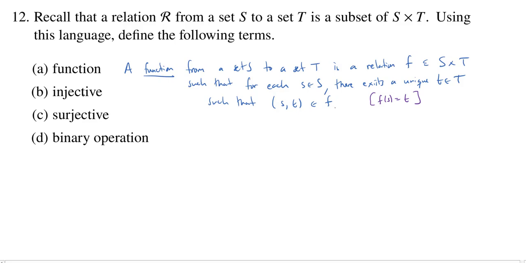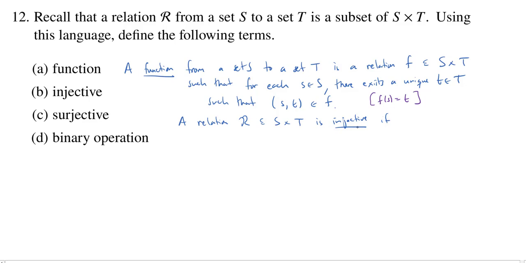Okay, how about our definition of injective? So a relation, well, we could just use R. It doesn't have to be a function. So a relation, again from S to T, so it'll be a subset of S cross T, is injective. Remember, injectivity and surjectivity are codomain conditions. So instead of starting with something in the domain, we start with something in the codomain.